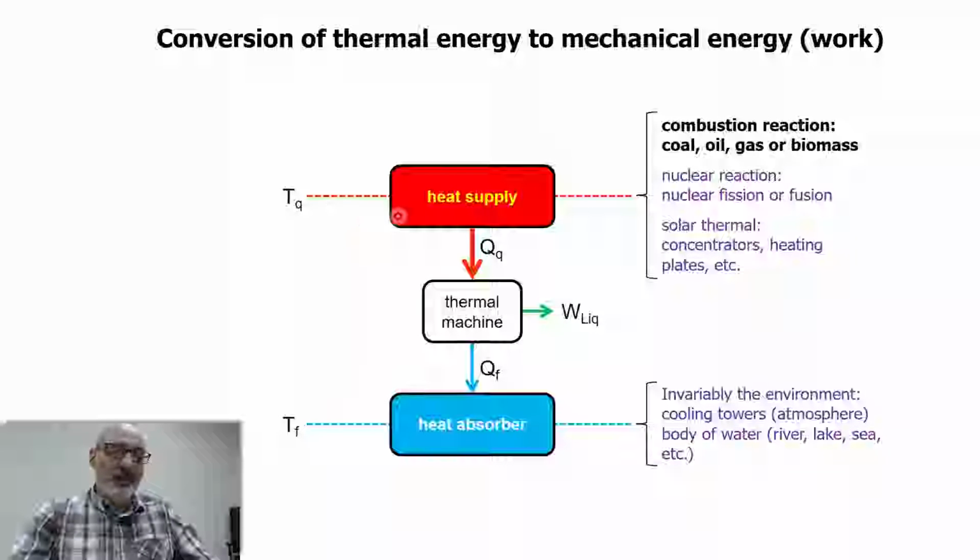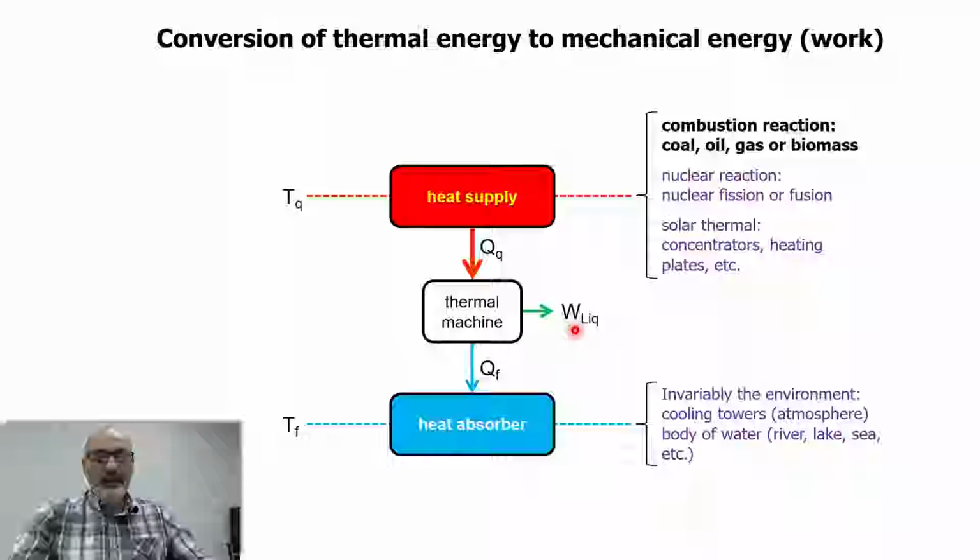You have a heat supply, a heat reservoir, which works at a temperature TQ. There is a flux of heat between the heat reservoir and the cold reservoir, whose temperature is TF. From this flow of heat, you can insert a thermal machine, which will extract some amount of mechanical work.